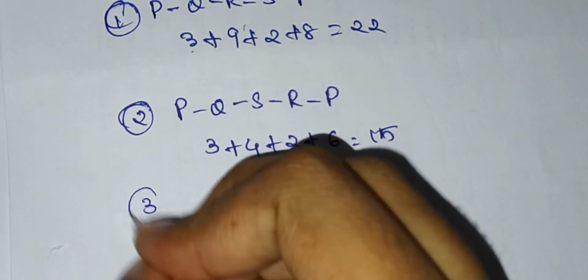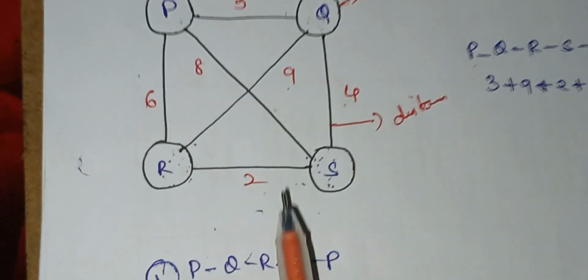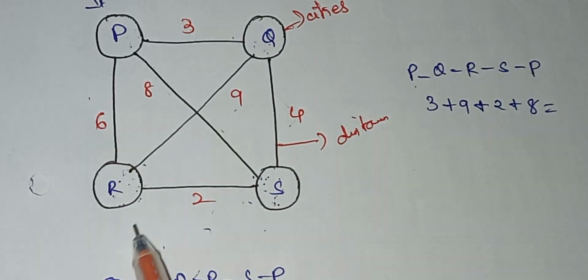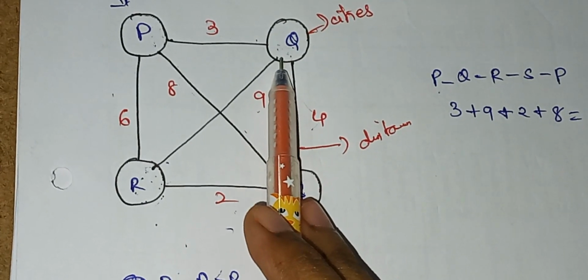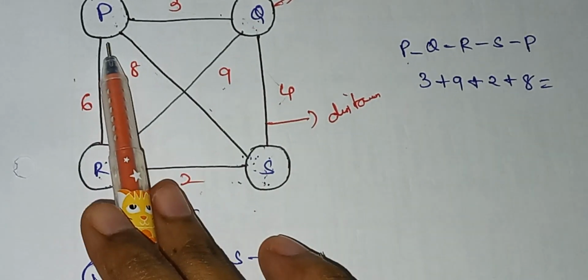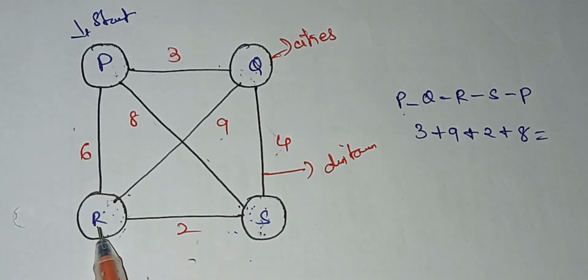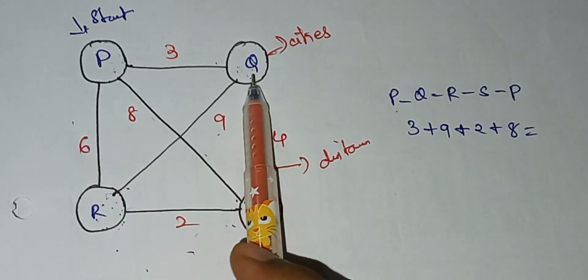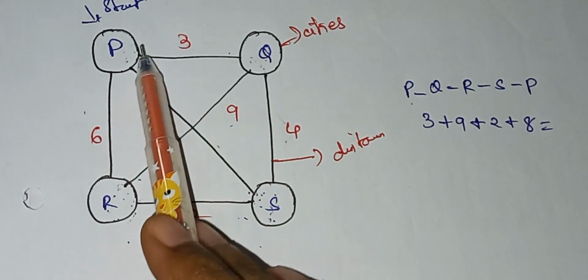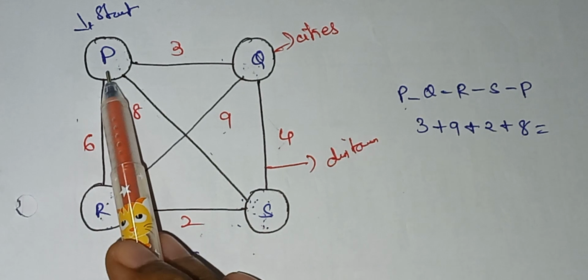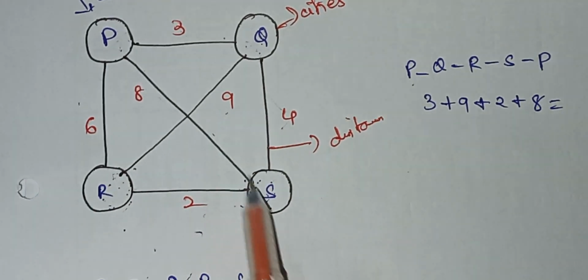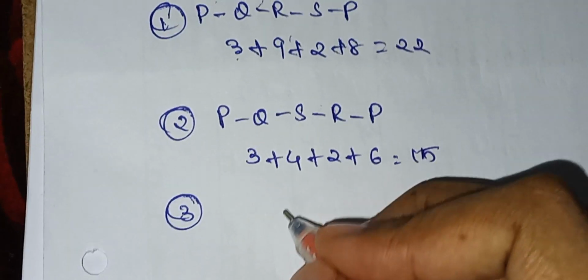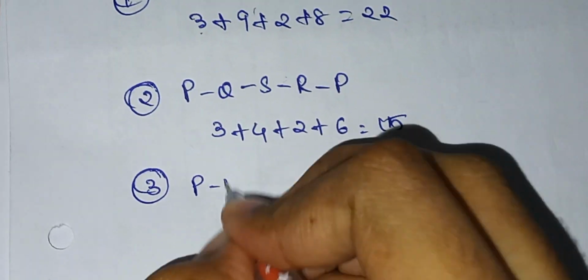Now let us go to the third permutation, which could be P to R, R to Q, Q to S and S to P. I have visited each only once. I'm starting from P, traveling to R once, R to Q once, Q to S once, and S to P again. I'm returning back.